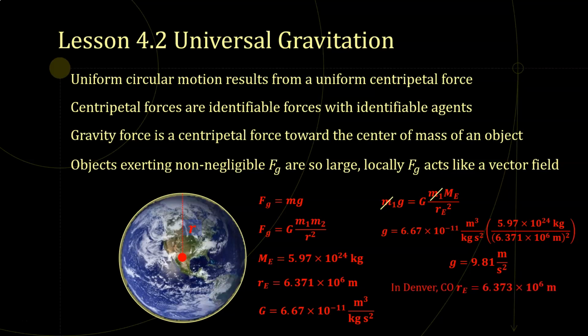I can also note that in Denver, Colorado, the Earth has a greater radius because you're a mile above sea level. The radius of the Earth is 6.373 times 10 to the 6. Now notice that that's really not that much different than the radius was at sea level. And the reason for that is because Earth is huge.